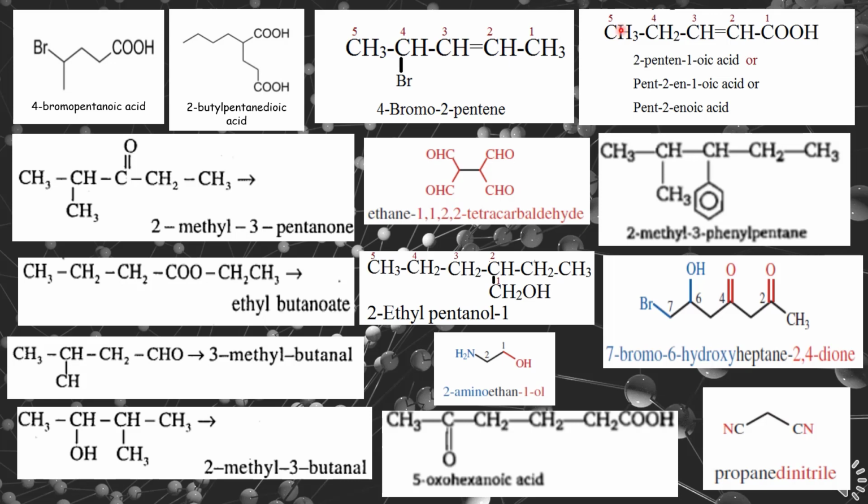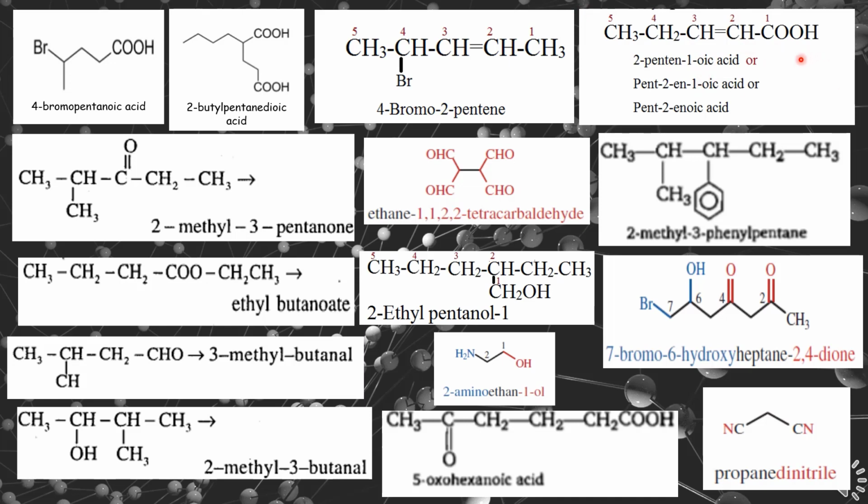If we consider the carbon atom of the carboxylic group, the number of carbon atoms is 5 in this compound. If we are not considering the carbon atom of the carboxylic group, then the number of carbon atoms present in the chain is 4. So we have to name accordingly. There are 2 procedures.